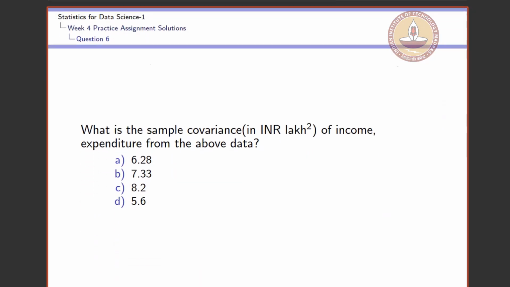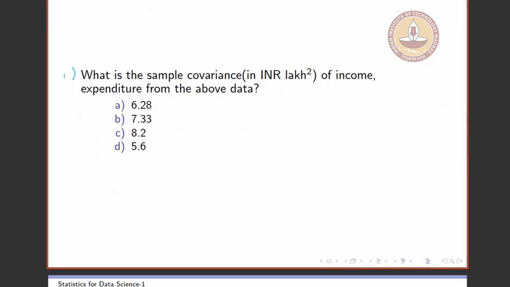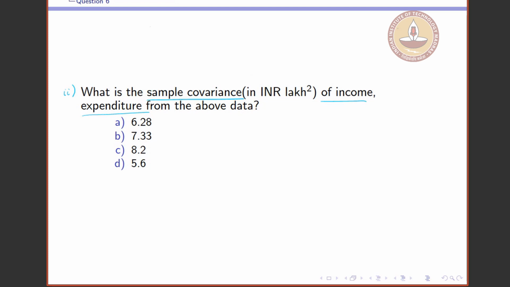The second question is, what is the sample covariance of income and expenditure from the above data? Now we have to find the sample covariance of income and expenditure. So let's write the formula for sample covariance.